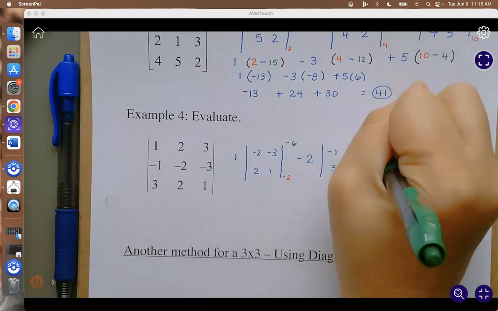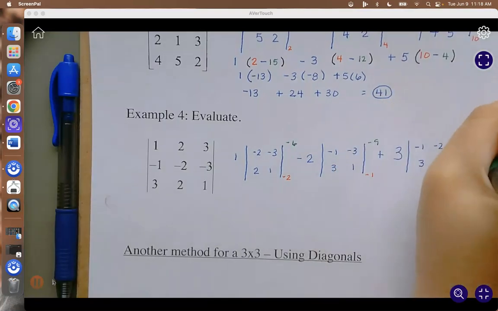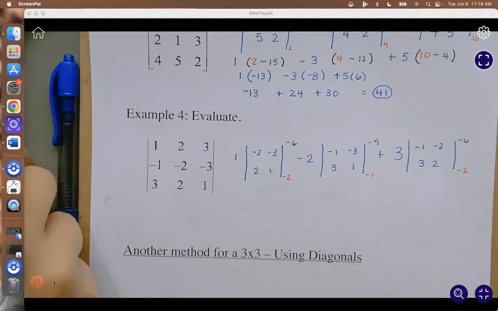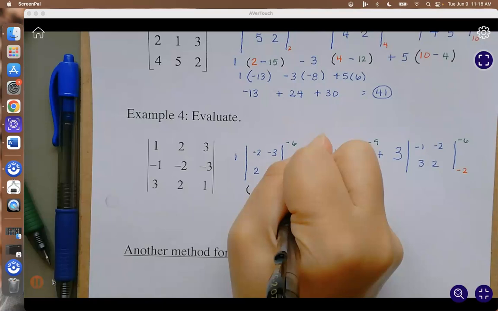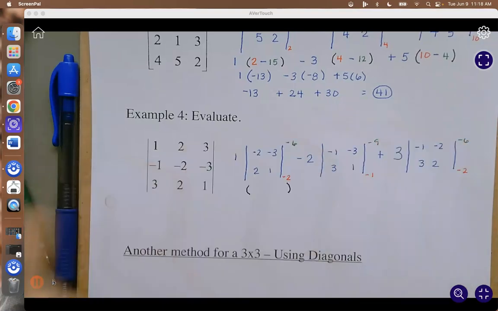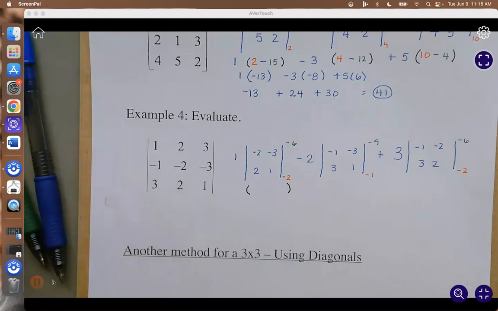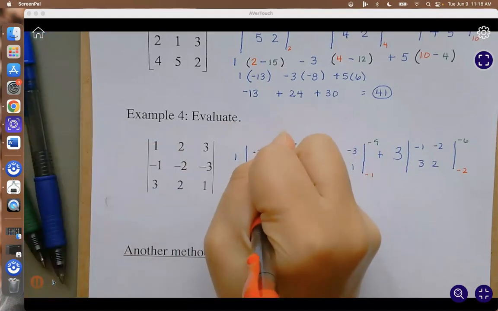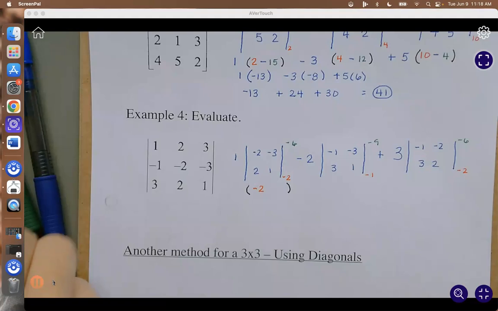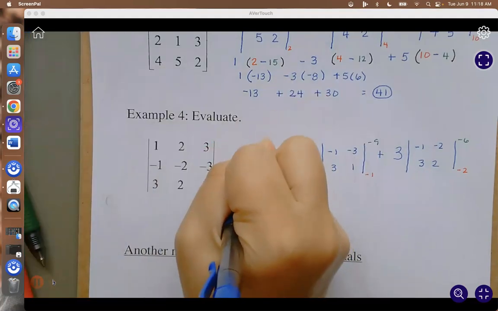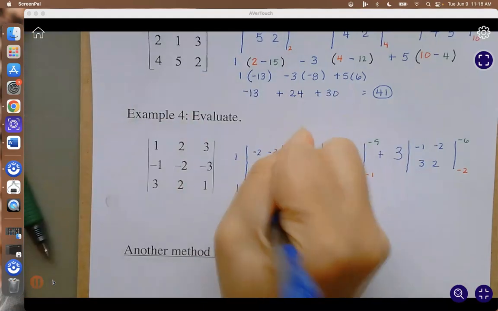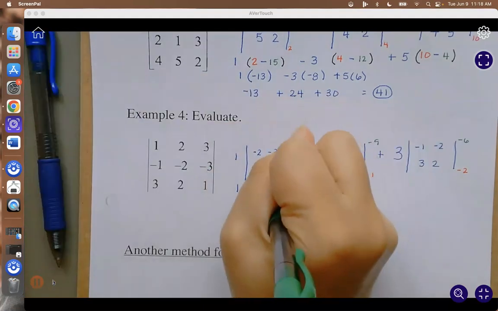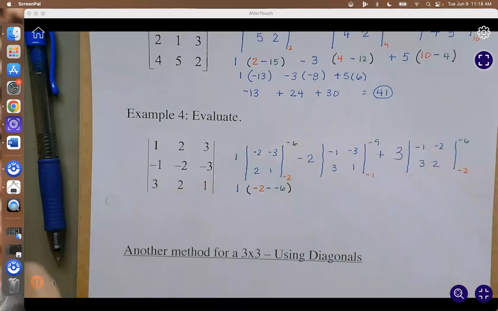-6, -9, -6. Okay. Now we have -2, there's a 1 out front, minus -6.